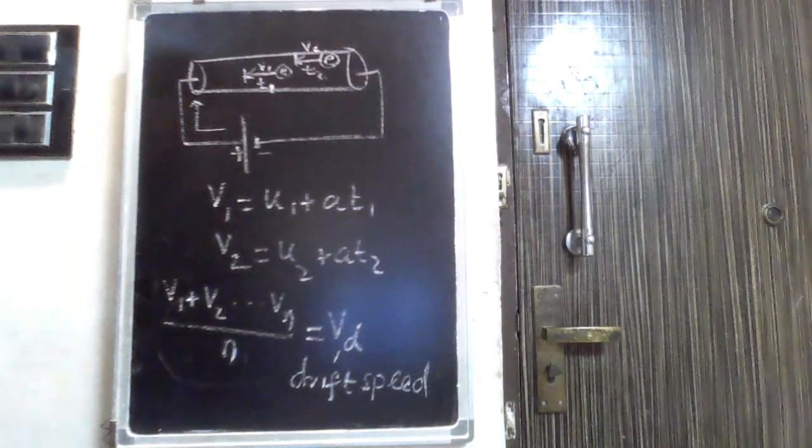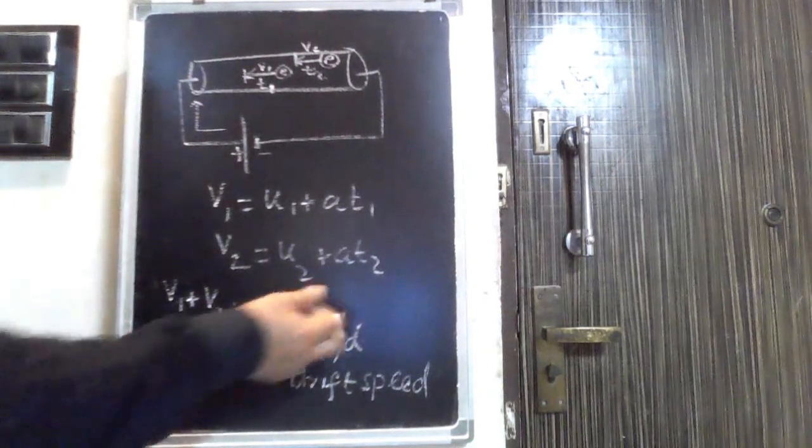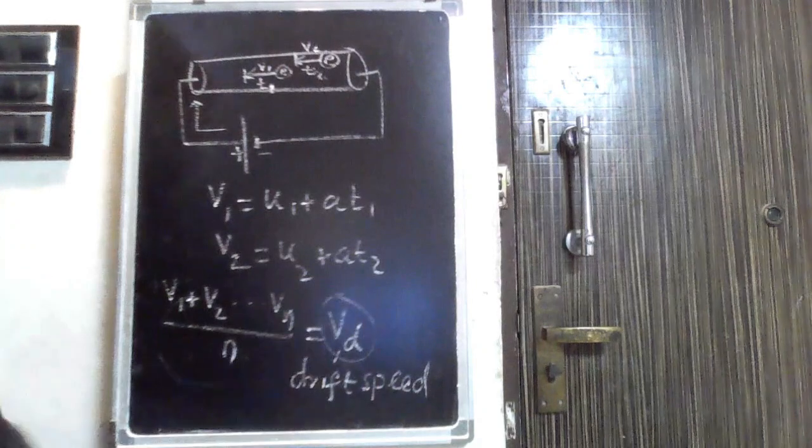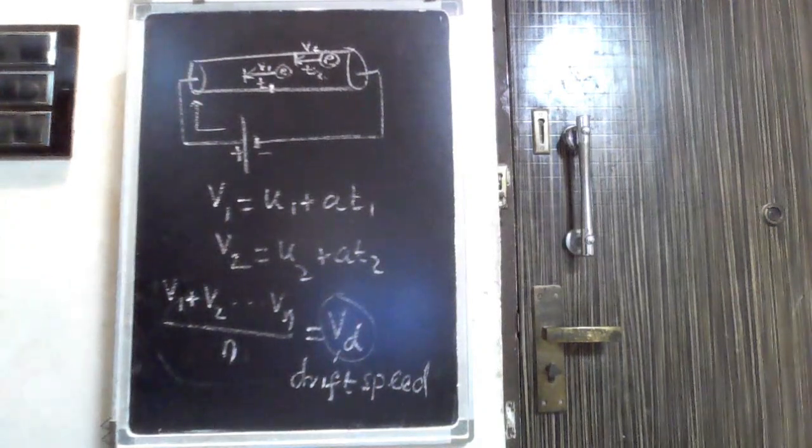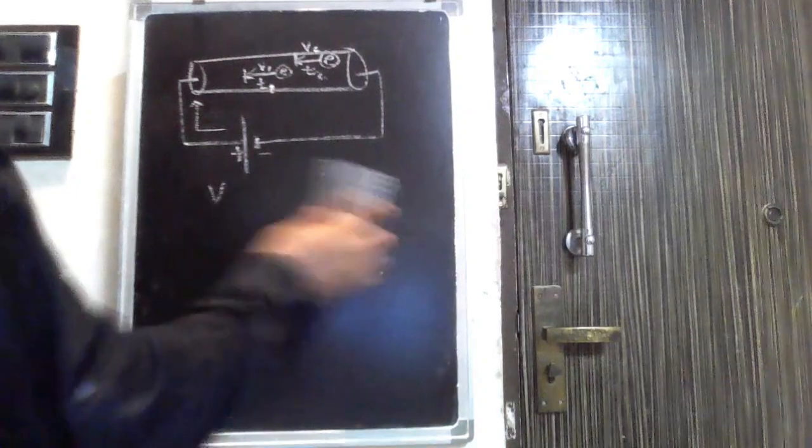If you take the average of all the speeds, then you get the average speed, and this average speed is always called your drift velocity. So drift velocity is the average velocity with which electrons move in a conductor, and this drift velocity is always very slow. So that's a very important thing. It takes a great deal of time to reach even a small distance. It takes so much time now.